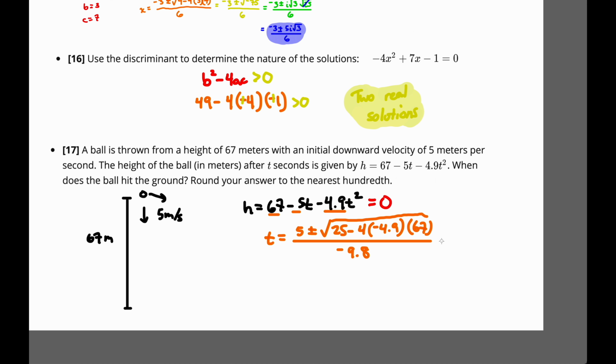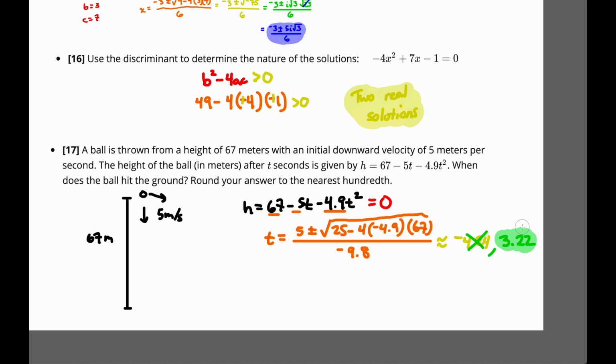Okay, the plus version, if you round to 2 decimal places, is negative 4.24, which obviously doesn't make sense as a time because you can't have negative time, so we're not going to look at that one. And then the other one, if you do the minus version, hopefully this one's positive. It is, and you get 3.22, and that is the answer for this one.